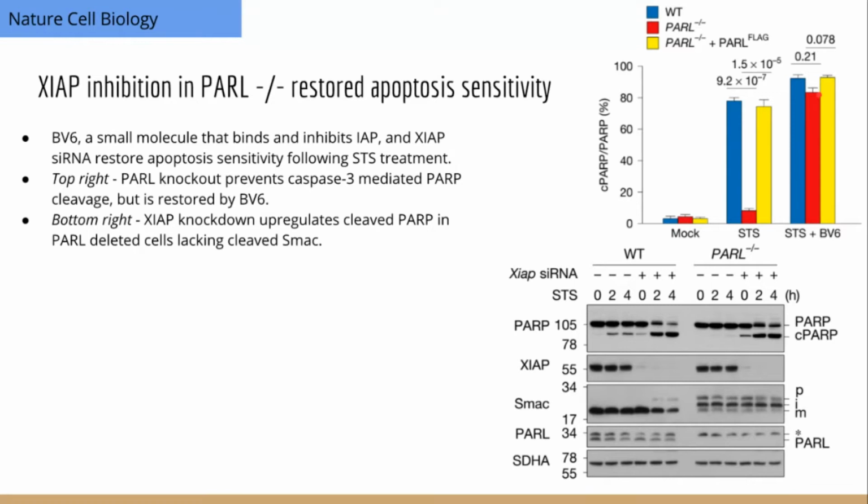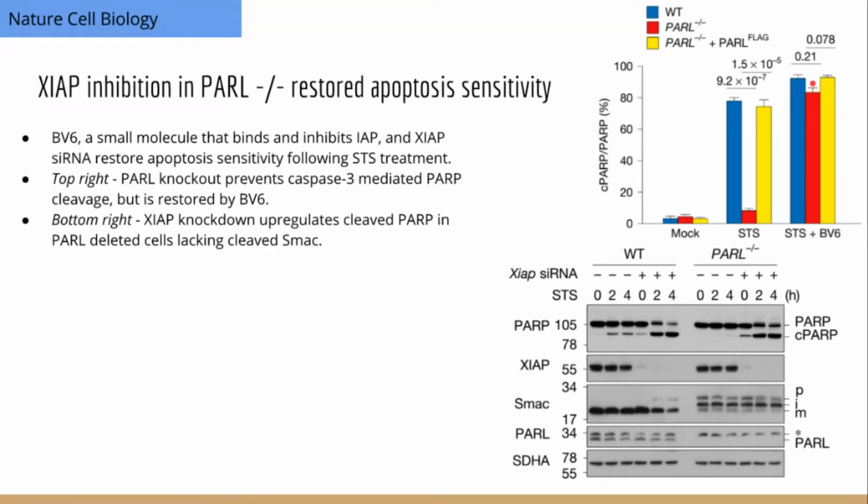We see, however, that when BV6 is co-administered with STS, we see the almost complete restoration of cleaved PARP. So the only difference between these two conditions is the presence of BV6. Smac is still sequestered in the mitochondria in this red bar, this red condition.